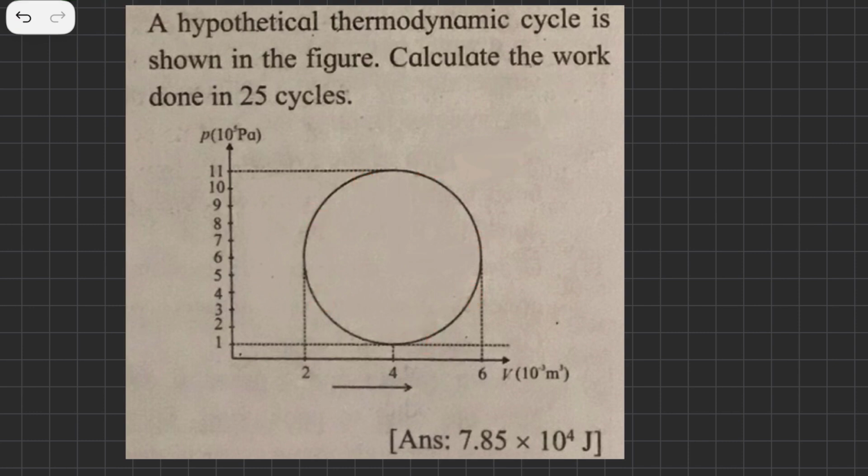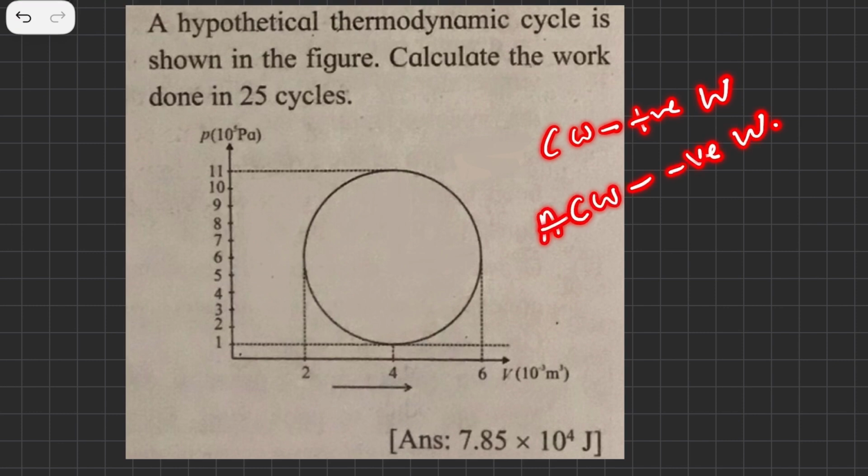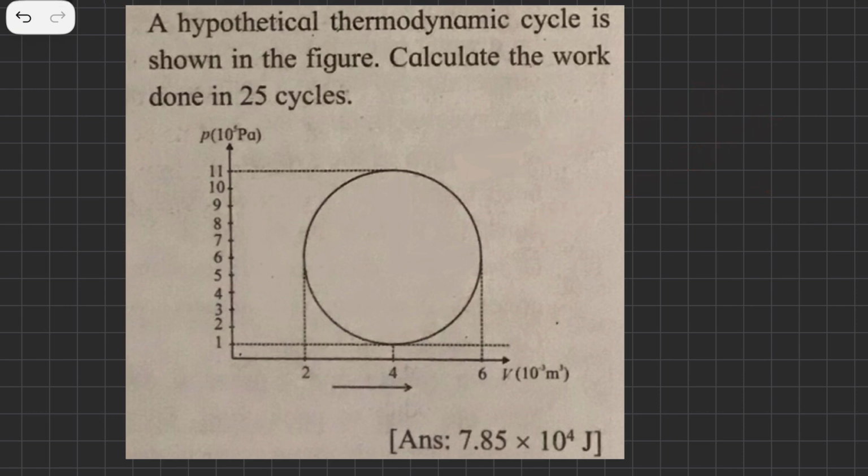So logically, a clockwise process gives positive work done, and an anti-clockwise process gives negative work done. I'm assuming that it is positive, because the question never mentions whether it is clockwise or anti-clockwise. So I've just mentioned that part.